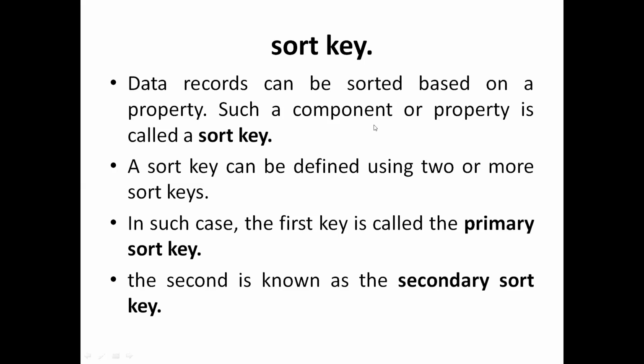These are the two keys. For a particular record, we can have two or more keys. In such a case, the first key is called the primary sort key, where I say the employee ID is the primary key. The other keys, other than the one you define first, are called secondary sort keys.